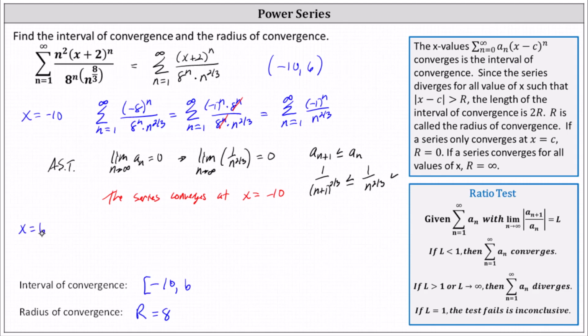At x equals 6, we have the sum from n equals 1 to infinity of +8 to the power of n divided by the product of 8 to the power of n and n to the power of 2/3, which once again simplifies to the sum from n equals 1 to infinity of just 1 divided by n to the power of 2/3, which we should recognize will diverge by the p-series test, where p equals 2/3, which is less than or equal to 1.